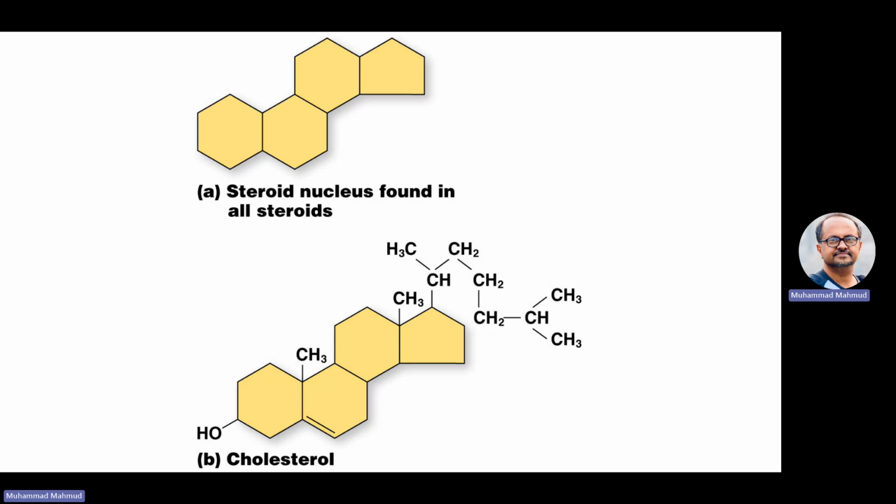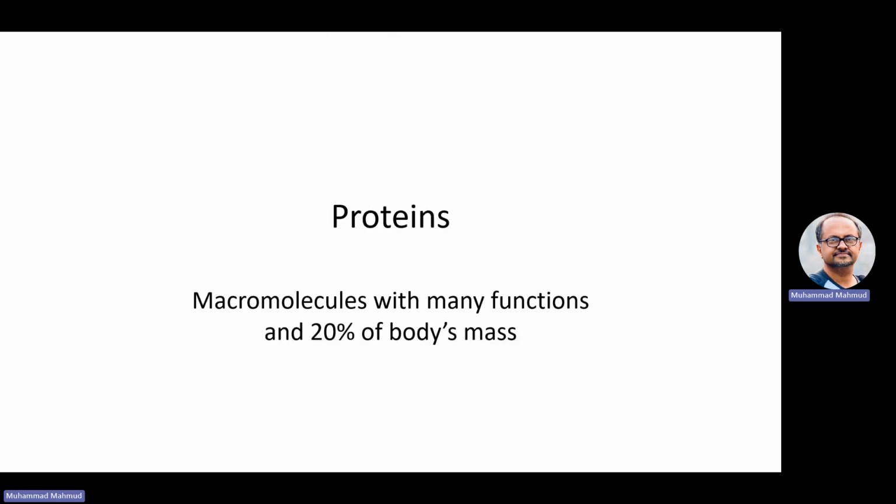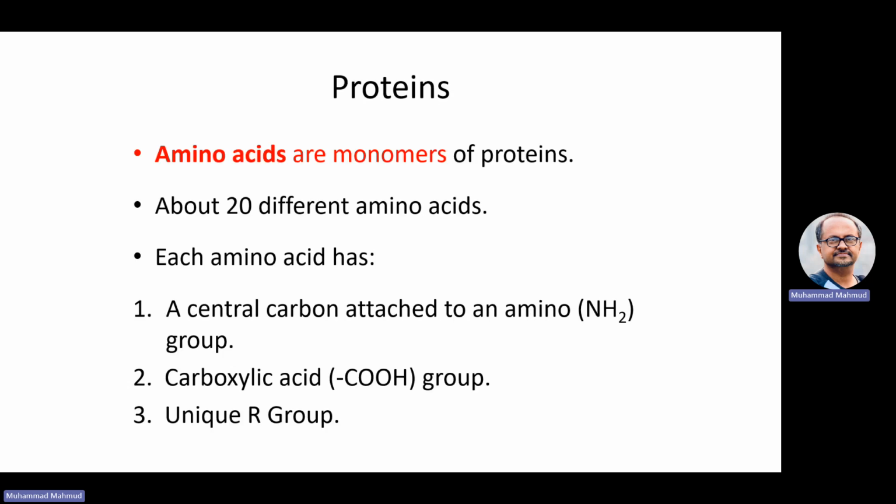The next part is about protein. Proteins are macromolecules with many functions, and 20% of our body's mass is protein. So a big amount of our structure is composed of proteins. And their monomer is amino acids.